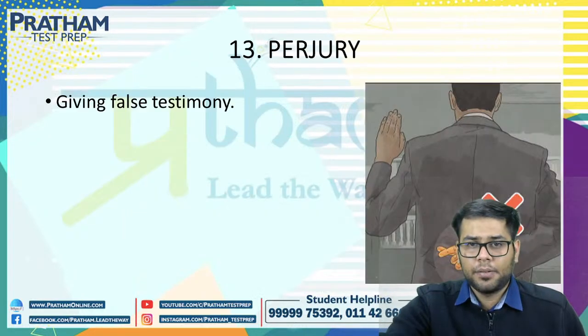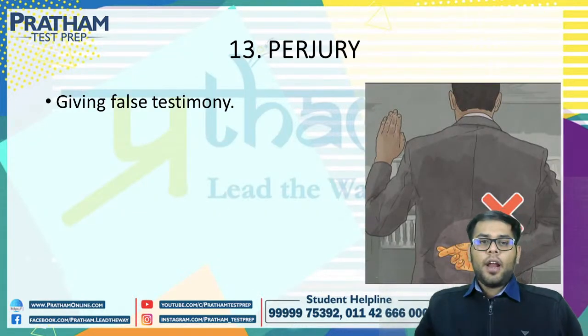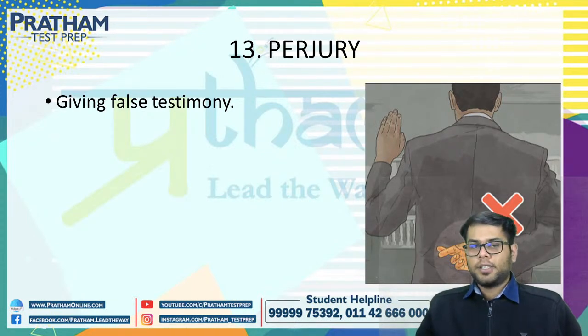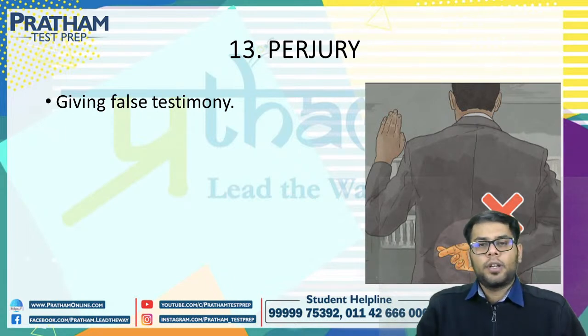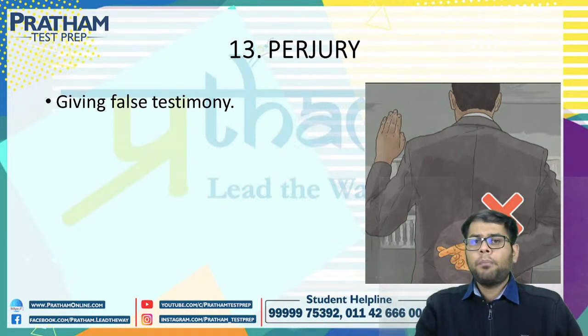Coming to the next term, perjury. Right, now perjury is a very, very important term that you have to know. It is giving false testimony. Anyone who goes to the court and tells a lie, right? Or gives a false testimony or gives a false statement for someone, then it is considered to be perjury.